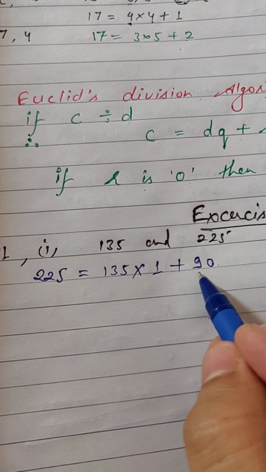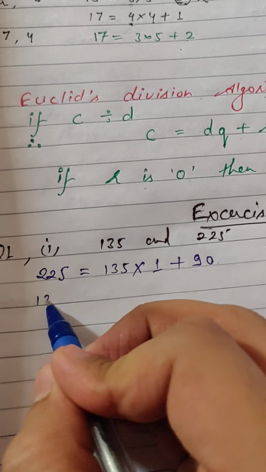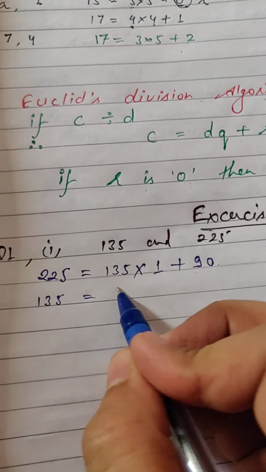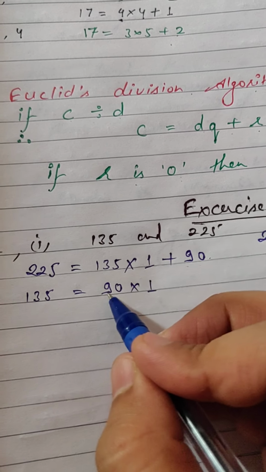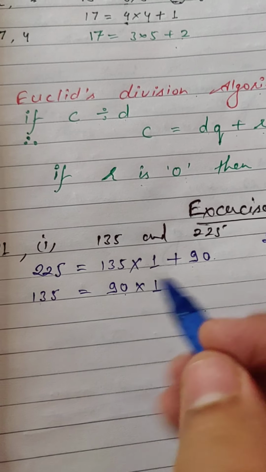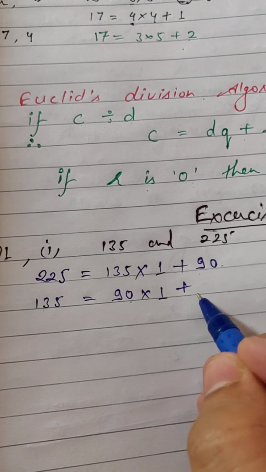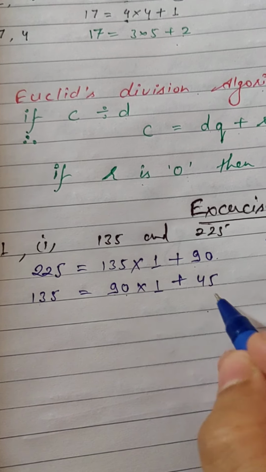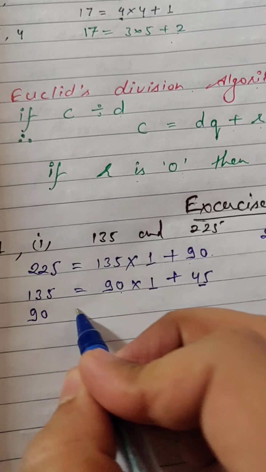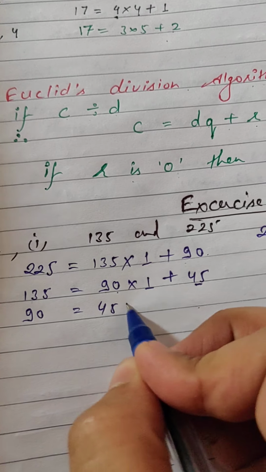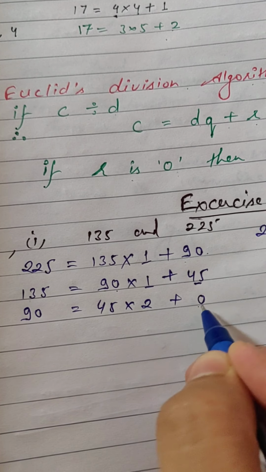Now since it is not equal to 0, we divide 135 by 90, and this will be again 1 time, because 90 twice is 180, which is far more than this, leaving the remainder 45. Again the remainder is not 0, so we divide 90 by 45, which goes twice with remainder 0.